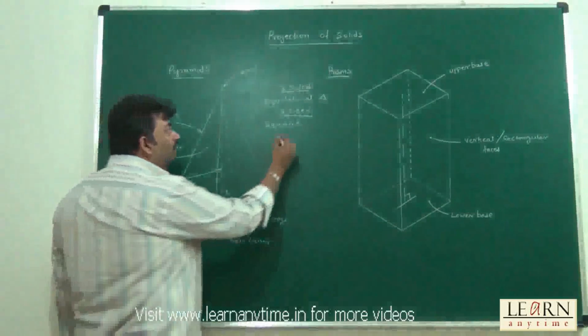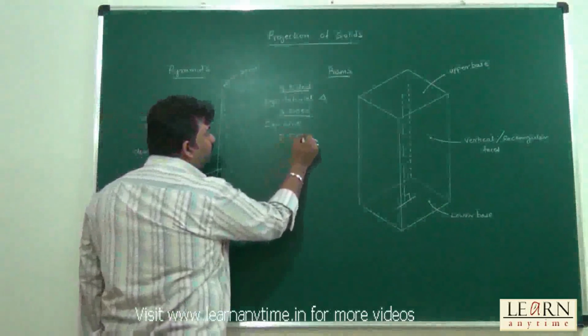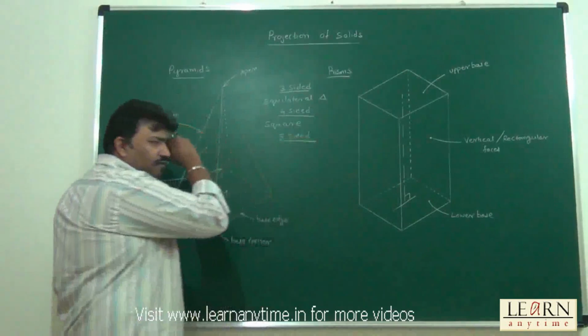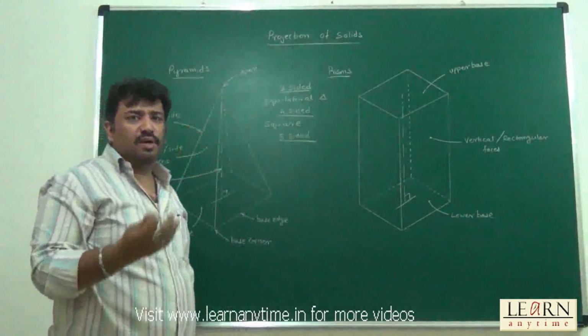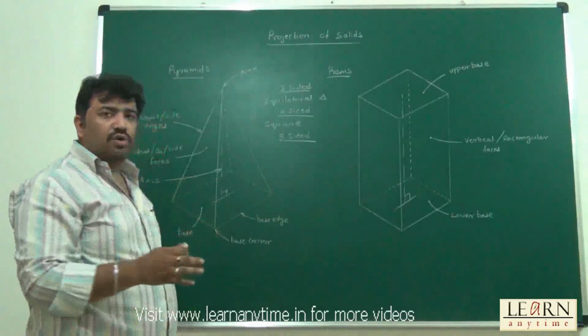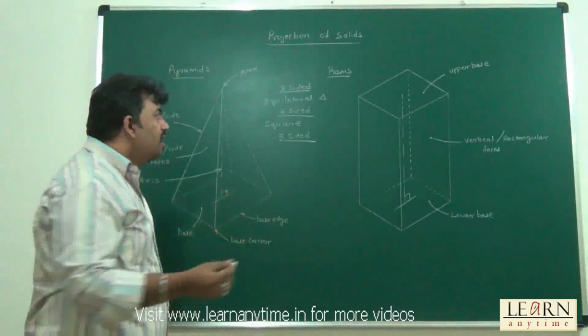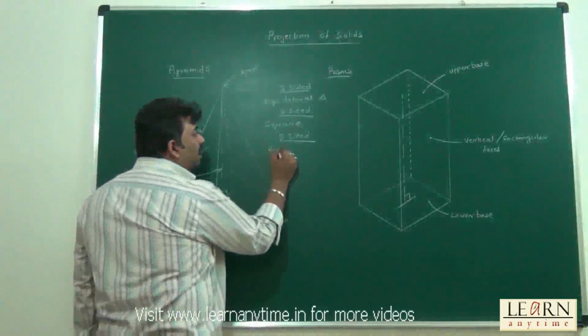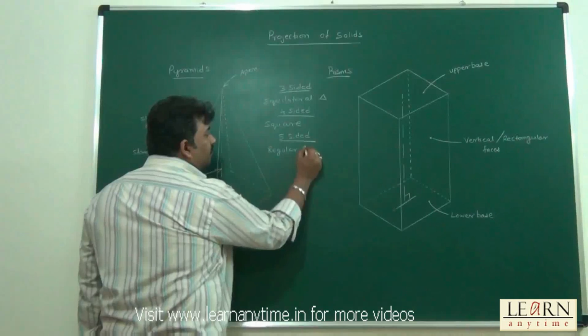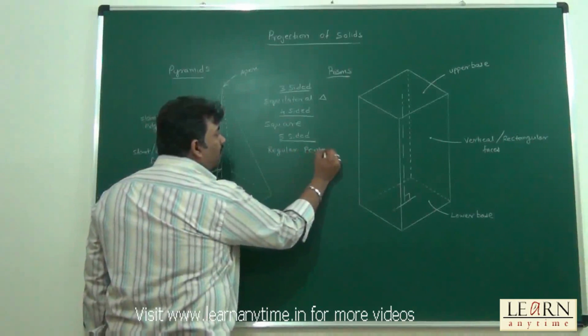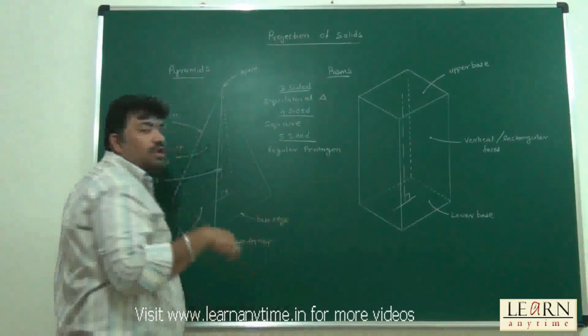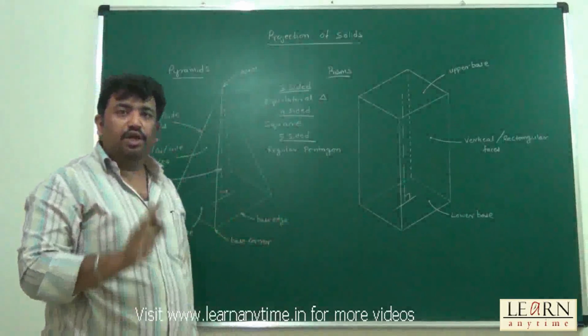Talking about a 5-sided shape, we normally call it a pentagon. Here also the shape of the base can be a pentagon, but it has to be a regular pentagon. Regular pentagon means the lengths of all 5 sides are equal.